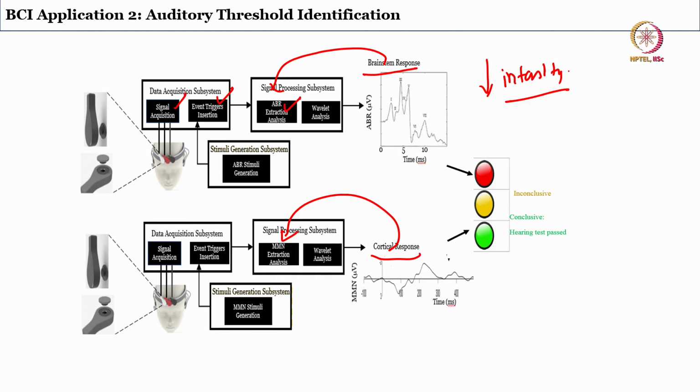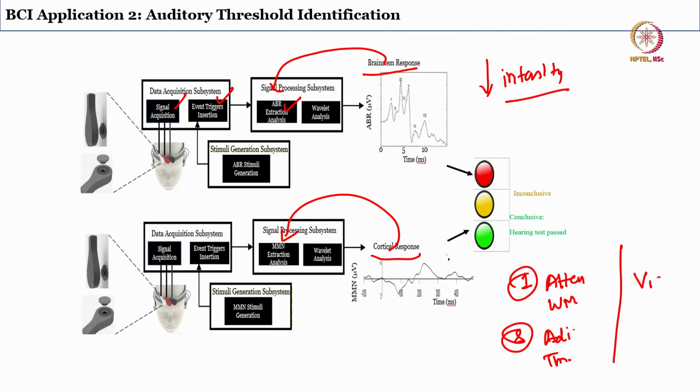So one more application besides the first one we have seen, that is attention and working memory. I'll just write attention and working memory. The second one is auditory threshold. This was for the visual ERPs, and this is for the auditory ERPs.